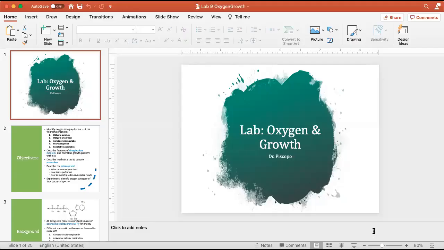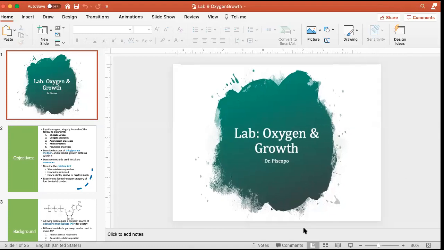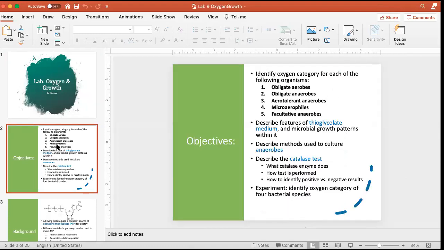But today we're focused on our lab topic, which is oxygen and growth. So I'm going to go ahead and open up our slide set for the lab. You should see on your screen now a slide that says Lab Oxygen and Growth. And this slide talks about our objectives for the exercise today.